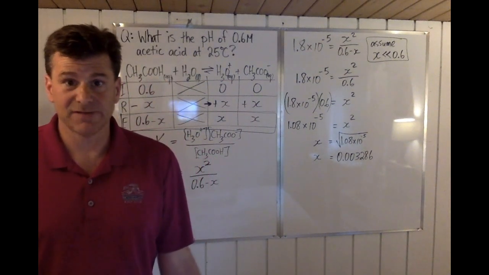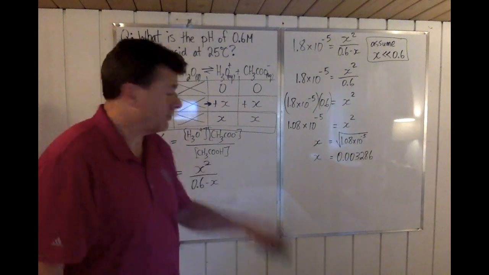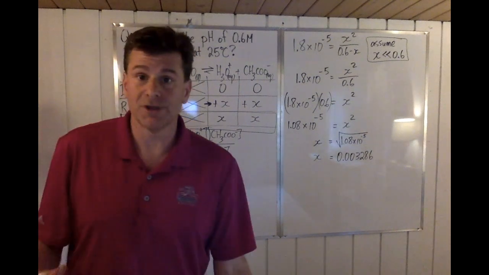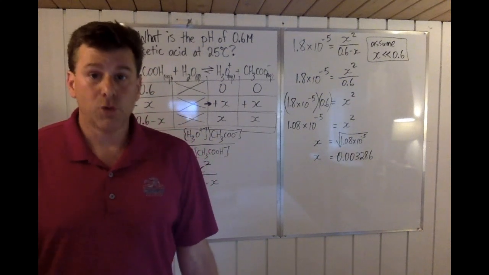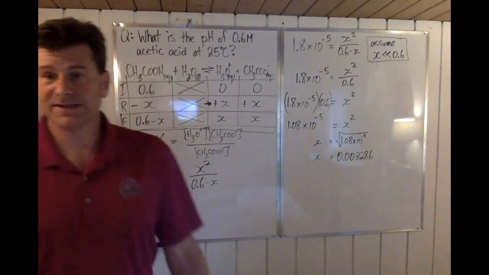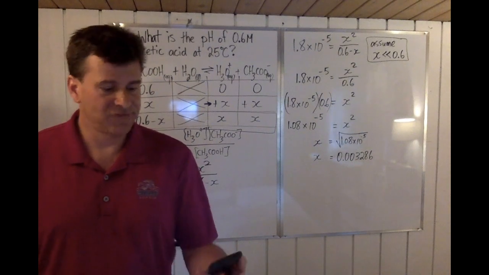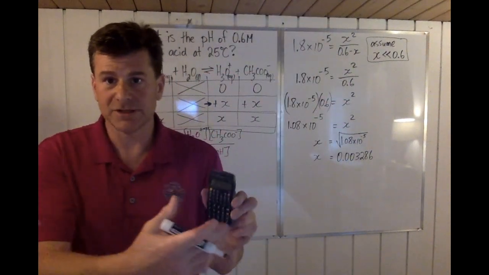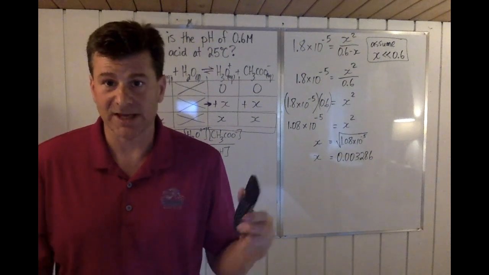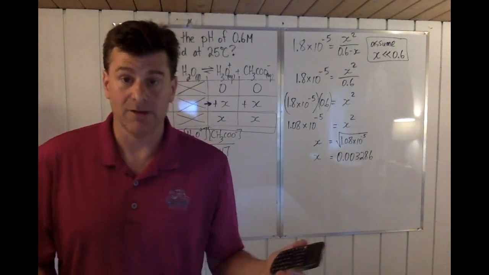So I only get 1 sig fig on my answer. Now, the question technically said, what is the pH? So on my calculator, I've still got the unrounded version sitting there. I'm going to leave it there.